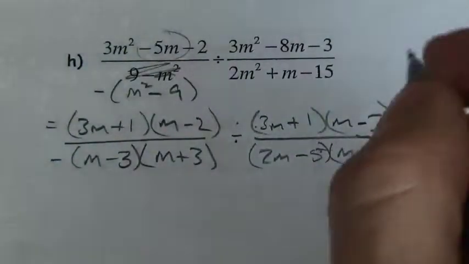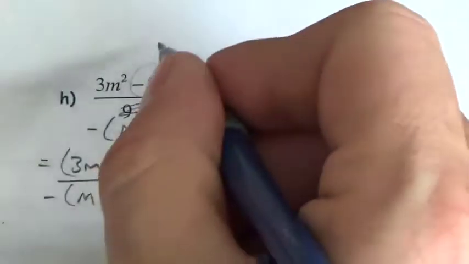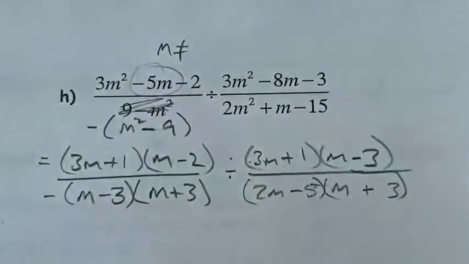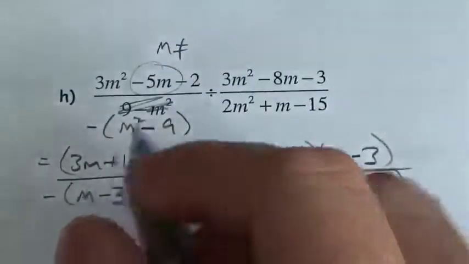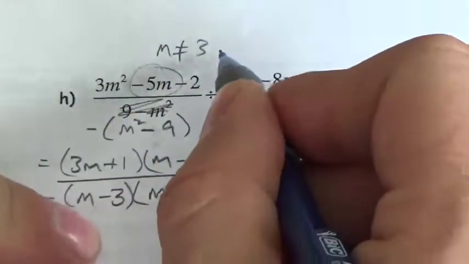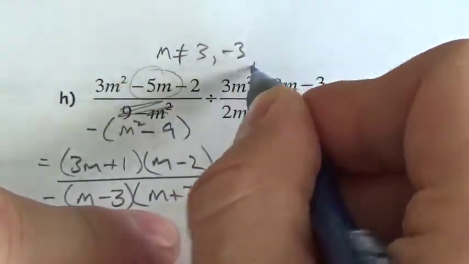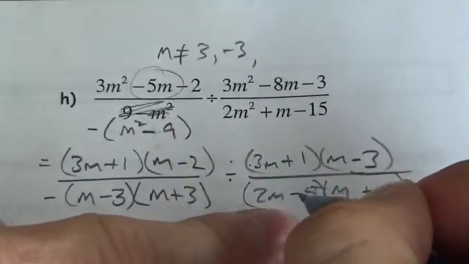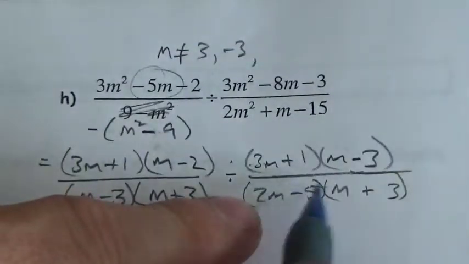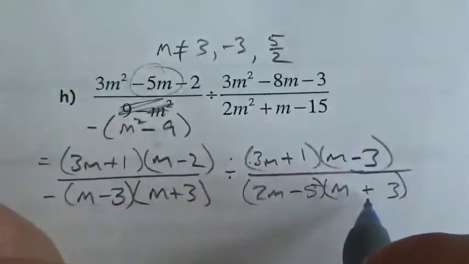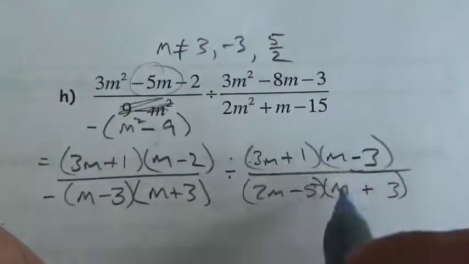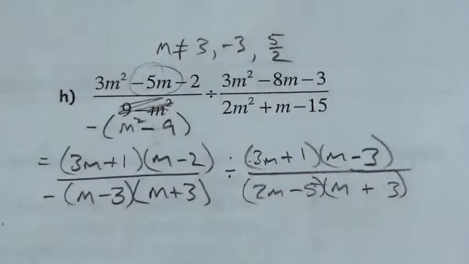Finally, I got it. Now, up here, I'm going to quickly state the non-permissibles that I'm seeing, just so that I've got it off to the side, then I'll come back to it. m can't equal 3. Can't equal negative 3. This is a little bit more complicated because of the 2 in front, but bring the 5 over, divide by 2. That's going to be positive 5 halves. And then here, once again, is that restriction, negative 3.